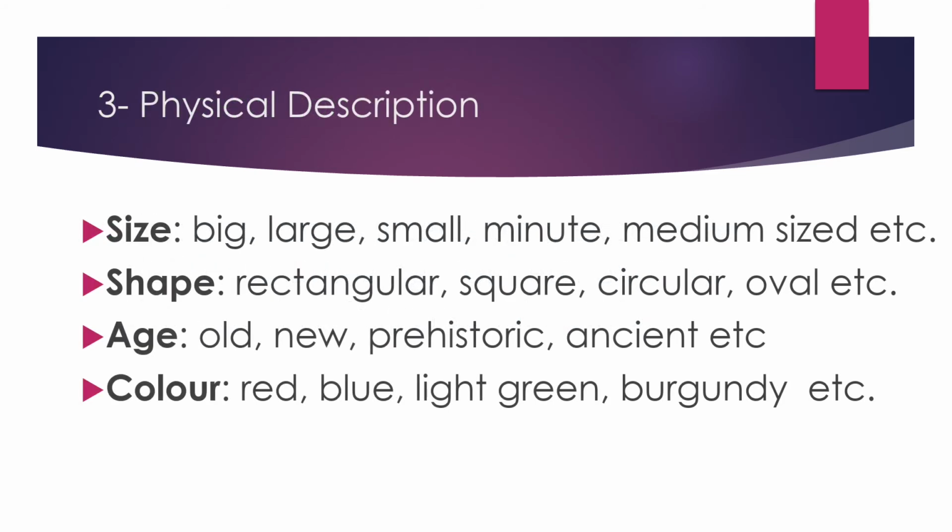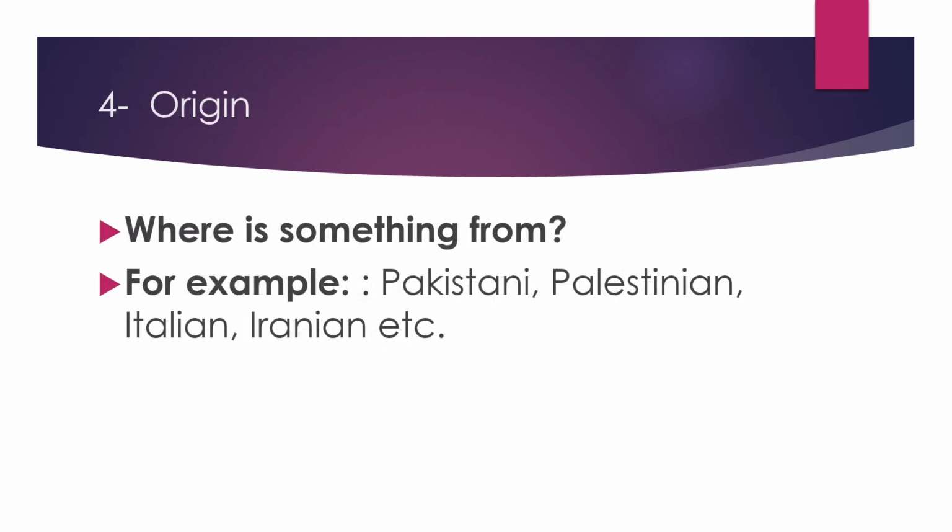Then the physical description, and there are 4 categories in the physical description. First, we talk about the size: big, large, small, minute, medium-sized, etc. Then the shape: rectangular, square, circular, oval, etc. Then the age: old, new, prehistoric, ancient, etc. Then the color: red, blue, light green, burgundy, etc. After that, we talk about the origin.